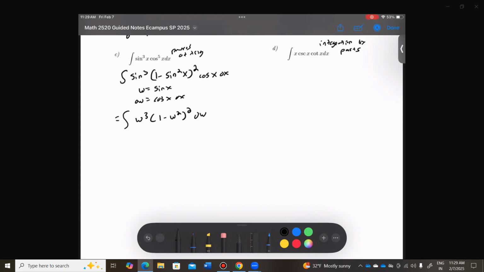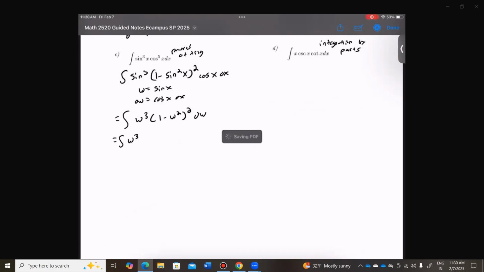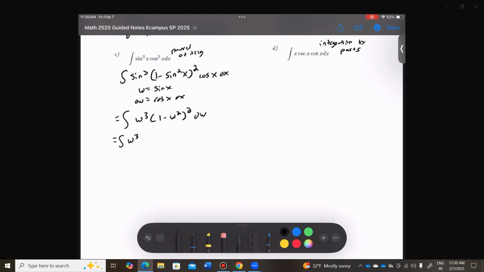Alright, so we'll FOIL this out now. So 1 minus w squared, and then we're squaring that, so we'll have 1 minus 2w squared plus w to the fourth dw.